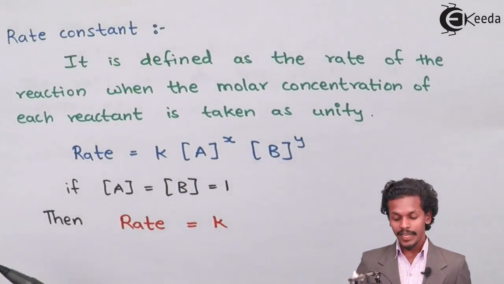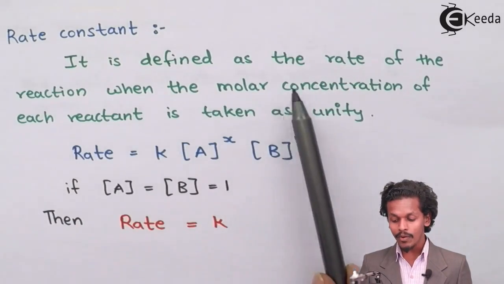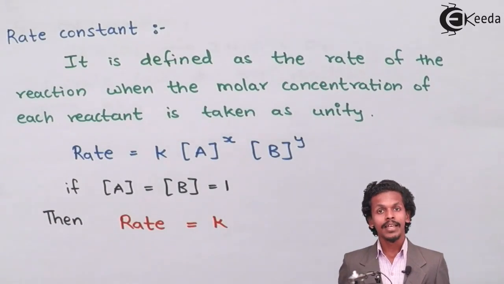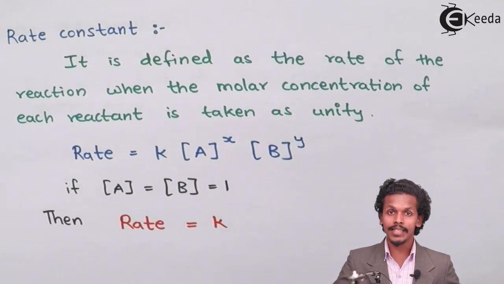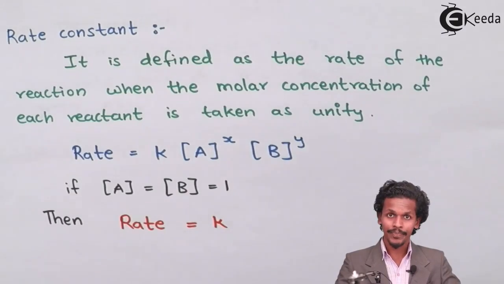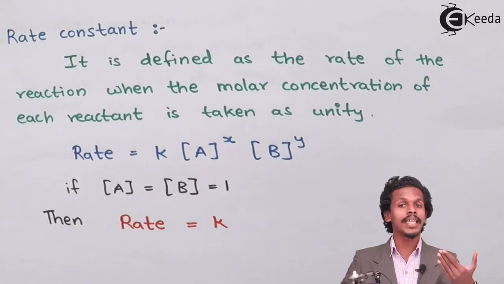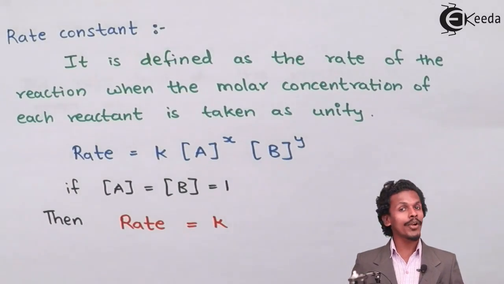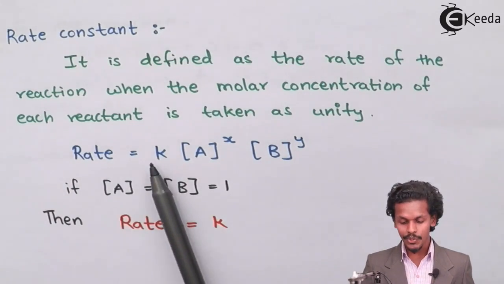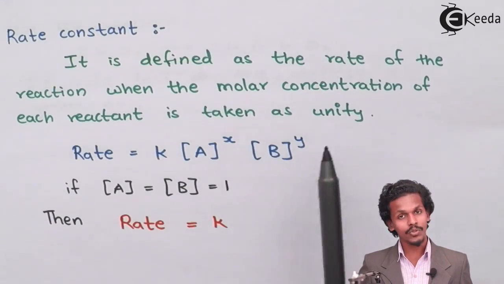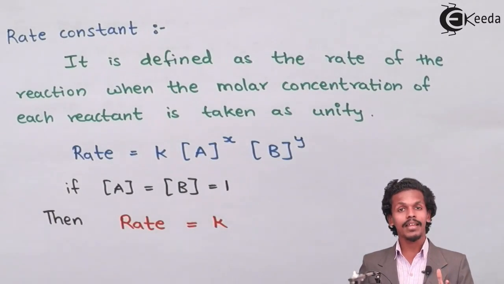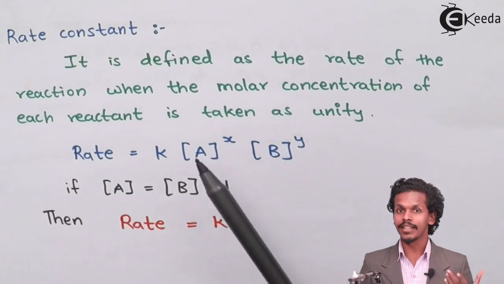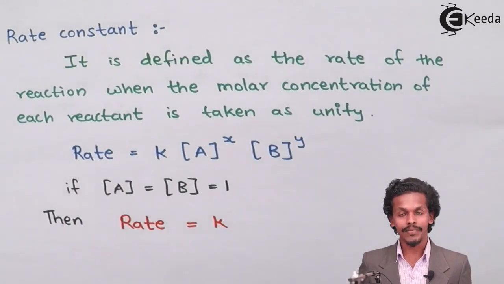Rate constant is defined as the rate of reaction when the molar concentration of each reactant is taken as unity. It means the concentration that we are taking in this rate law should be in molar, meaning moles per dm cube. So suppose according to rate law, rate is equal to k A raised to x and B raised to y, and if A is 1 molar, then 1 raised to x is nothing but 1 itself.